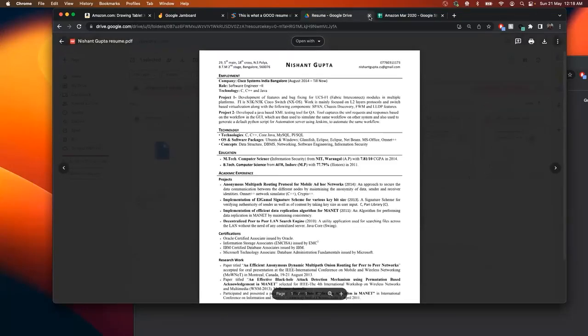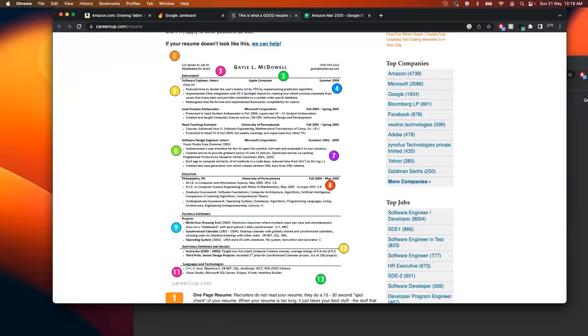If you have 7 to 8 projects to write, don't write everything. Okay. Choose whatever the important ones are to include, and choose 2 or 3. Don't go with everything. I have seen that people try to put everything in the resume. First of all, nobody goes through a resume if it is very big.